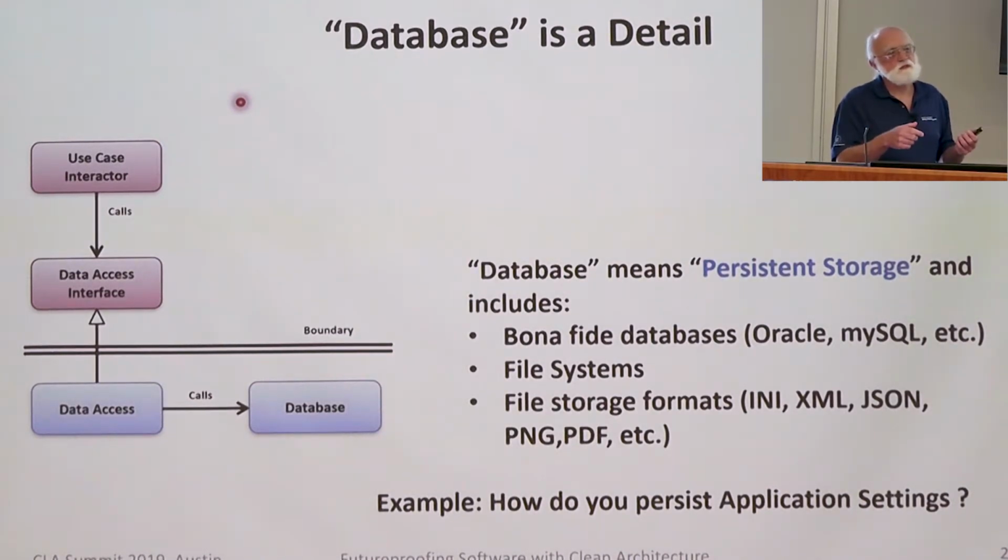It includes the file system if you store results in a file. And it includes the file storage format. And as an architect, you would be really good if you understand the importance of decoupling your business code from these entities. Because then you can switch file formats based on requirements from your marketing team with minimal changes.